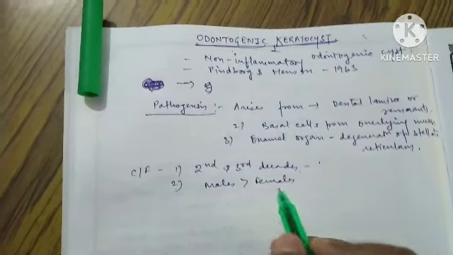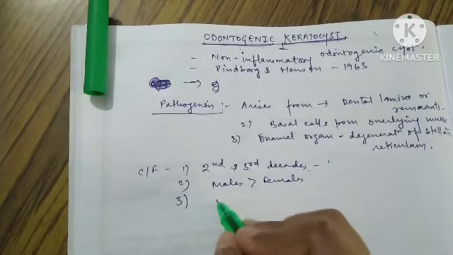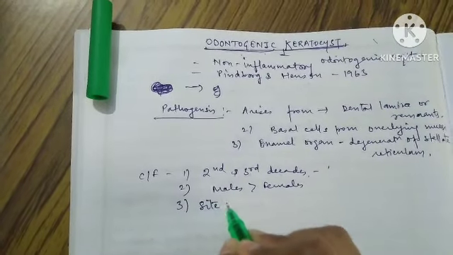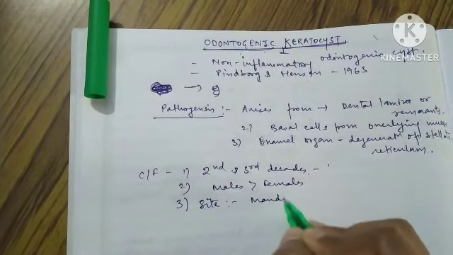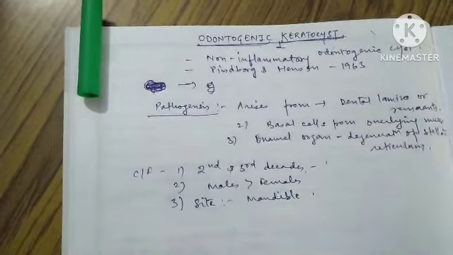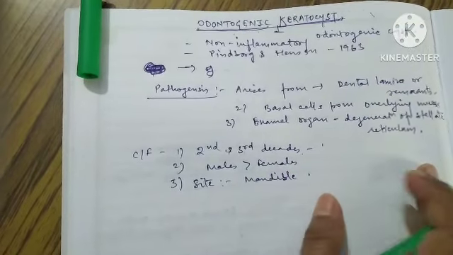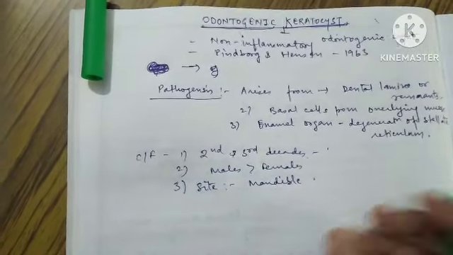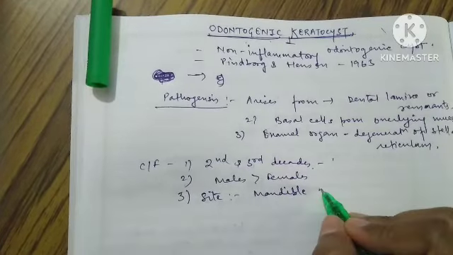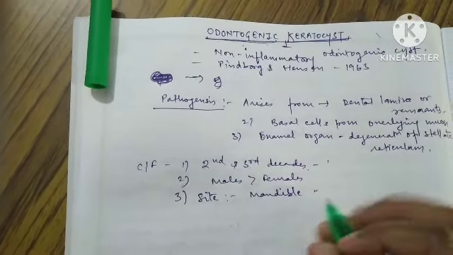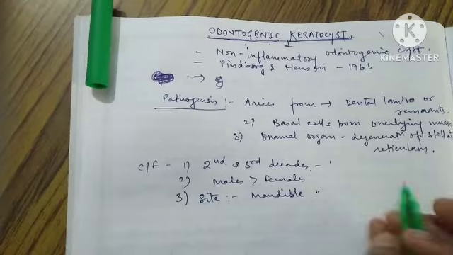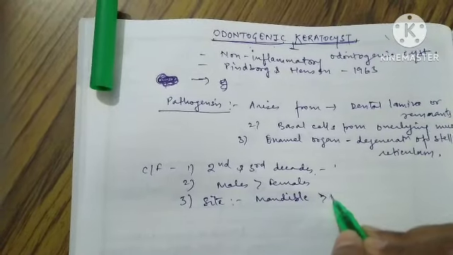Males are more affected than females, and the site is mandible. Maxilla can also be involved, but mandible is more common, right? Involvement of mandible, and maxilla.